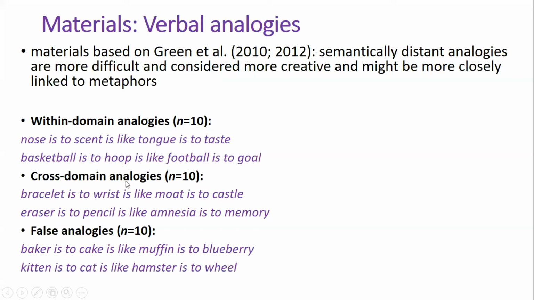Cross domain analogies are like bracelet is to wrist as moat is to castle. So you take the source and the target from different domains, and the idea is that cross-domain analogies are more difficult and are considered more creative.